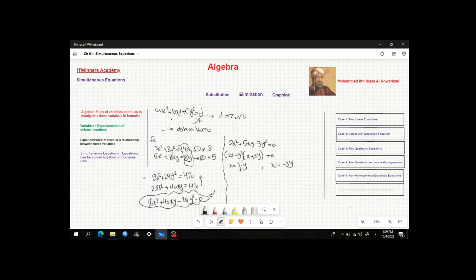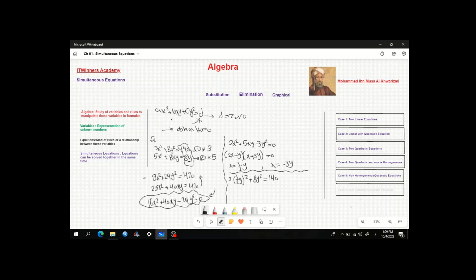Now I can substitute x in terms of y in one of these equations. So let's substitute x in the first equation: 3x squared plus 8y squared equal to 140.